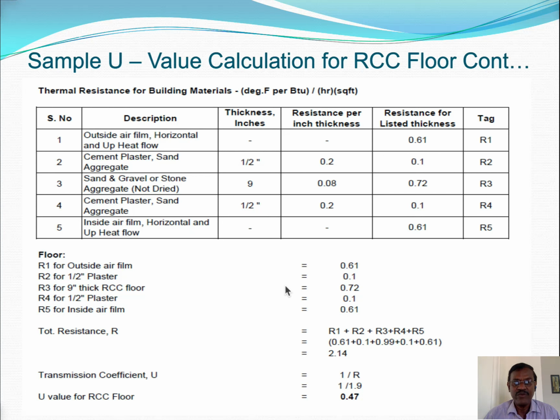When the U value is closer to 0, the heat transfer rate will be less, and when it is closer to 1, it is high. So you have to effectively select the building structural material, then add some insulation if required to reduce the heat input to the room, and arrive at an effective load for the air conditioning.